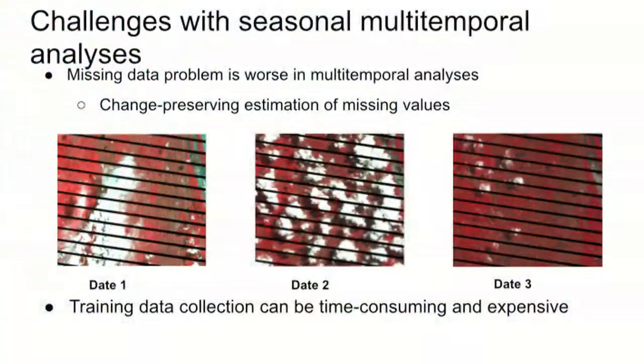fire. So some of the challenges that we've faced is the issue of missing data. I know many people have highlighted this already, but I'd like to just stress that for seasonal mapping, you have a different set of challenges because you don't have the luxury of all the scenes in the image.